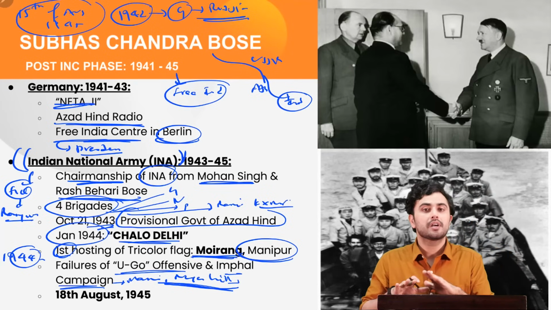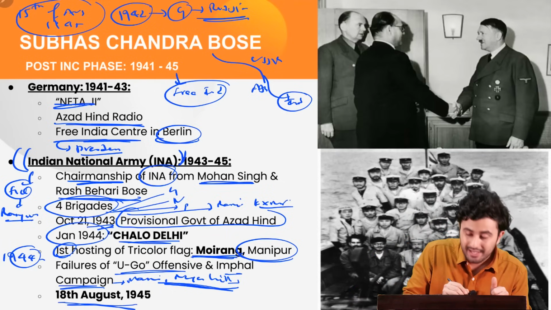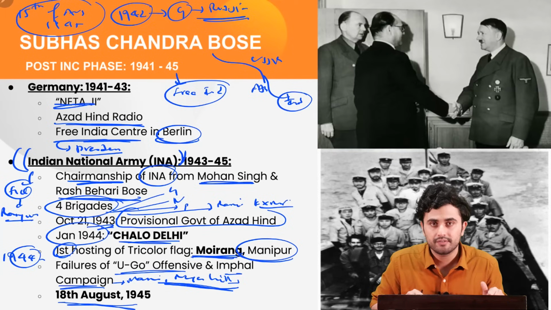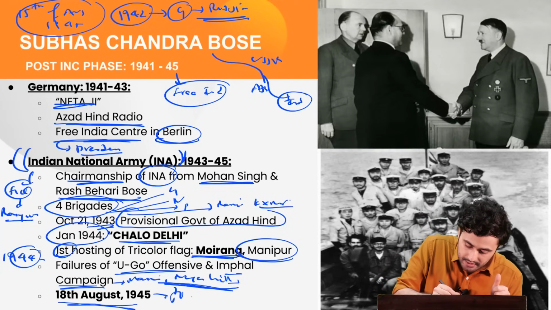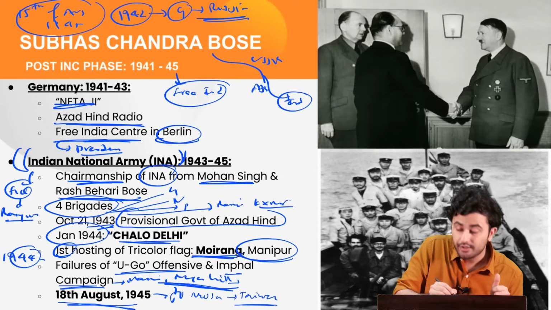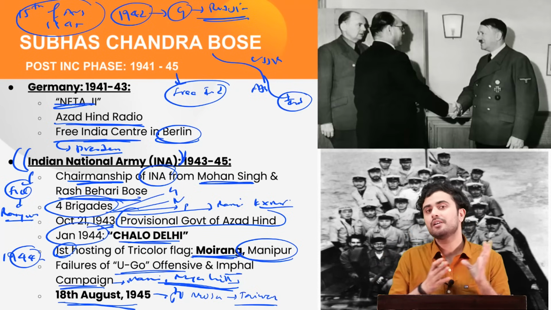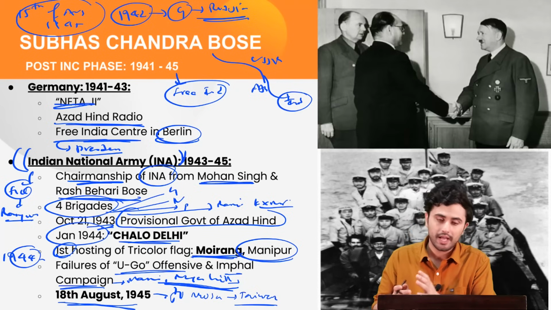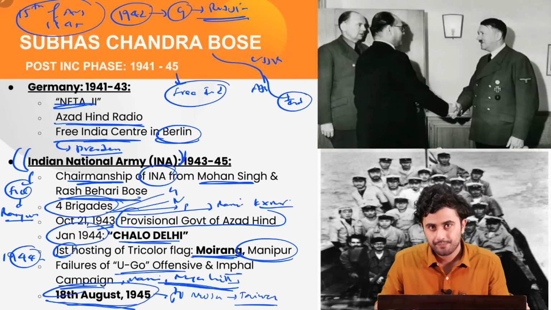And as per government records, Subhash Chandra Bose died on 18th of August 1945 in a plane crash which took place in Formosa, which is currently in Taiwan, and he suffered third-degree burns, which became the reason for his death.